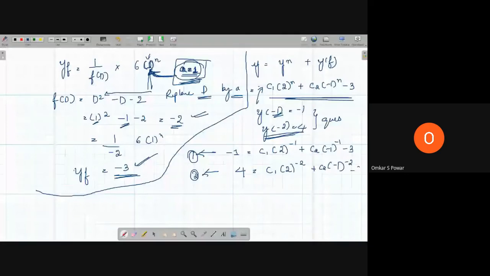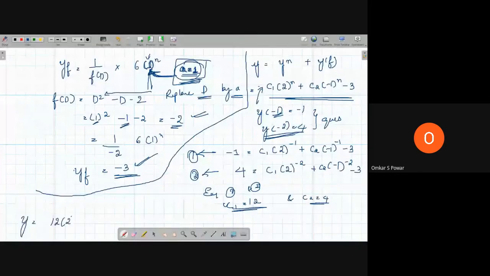Solve equations 1 and 2, and you will get C1 as 12 and C2 as 4. Then substitute this in the final equation, so you will get y is equal to 12 into 2 to the power of n plus 4 into minus 1 to the power of n minus 3.